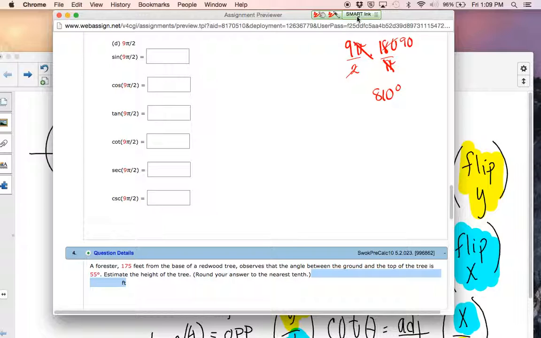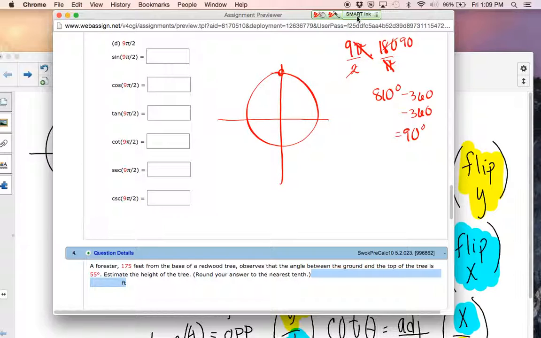So 9 pi over 2, same thing as 810 degrees. If I subtract 360 twice, I end up with 90 degrees. So I know that 810 degrees is coterminal with 90 degrees, which is here, and that point is 0, 1. So now just like part A, you fill in all of your answers using that point.